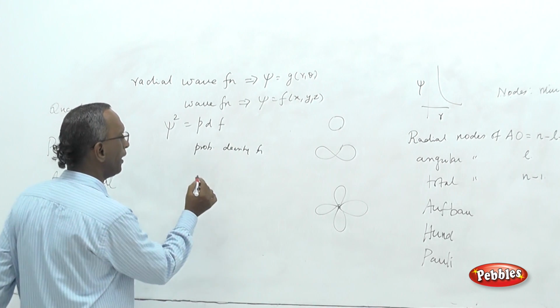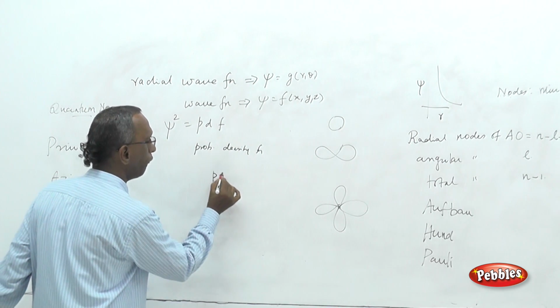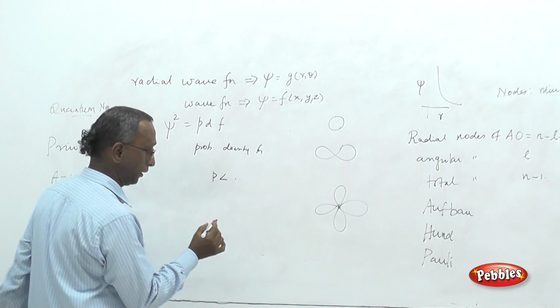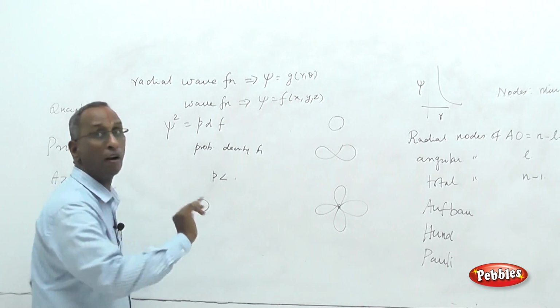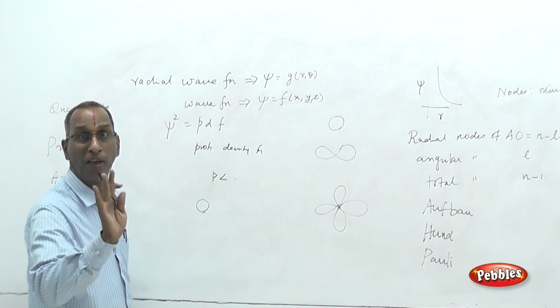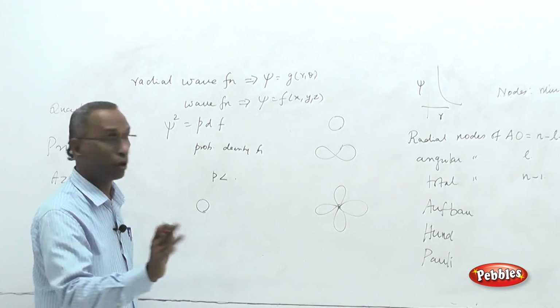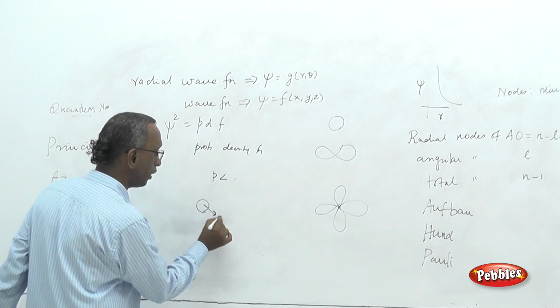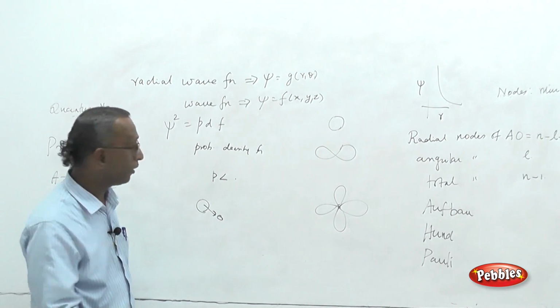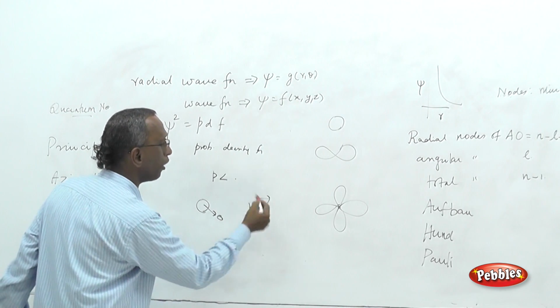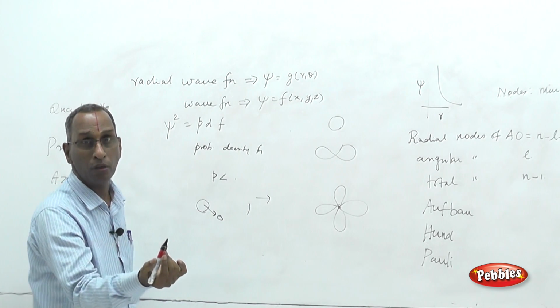What is meant by probability density function? The probability of finding the electron at a particular place. For example, if you take the nucleus, you cannot find the electron. Nucleus consists of only protons and neutrons. So the probability of finding the electron in the nucleus is 0. The probability of finding the electron outside the space is also 0.